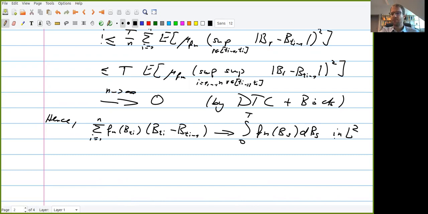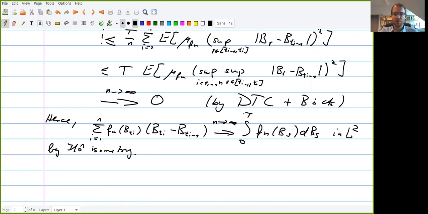Right? This is Ito's isometry, as n goes to infinity. This is by Ito's isometry, or basically the definition of the integral.